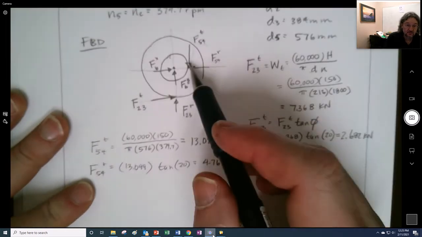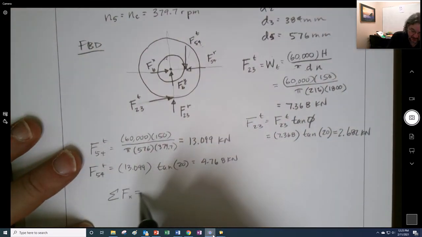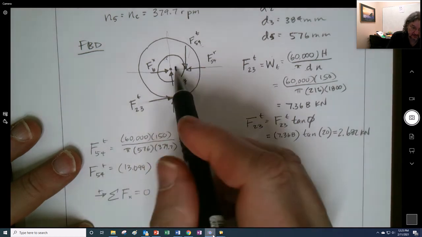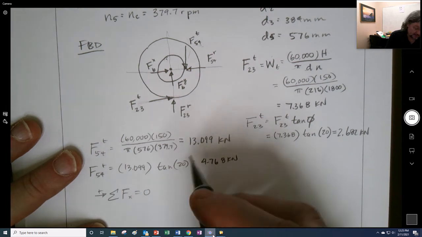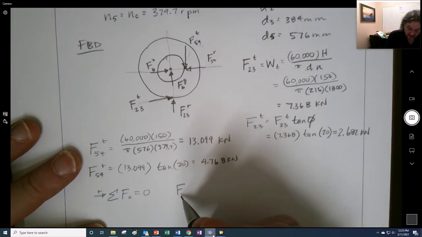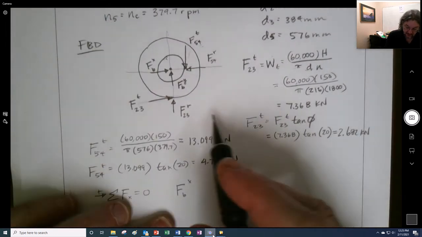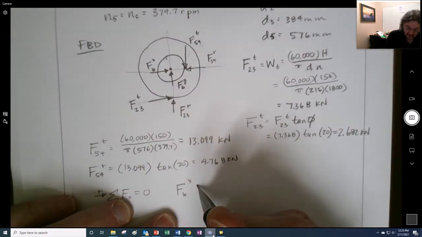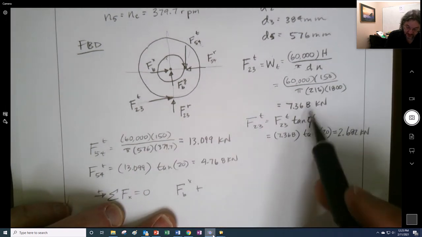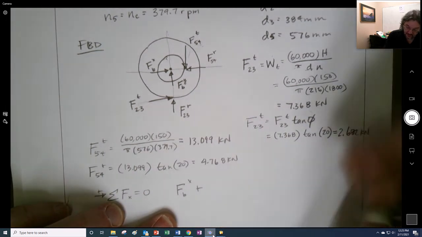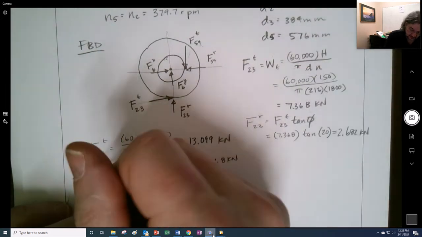So now, to be able to answer the question here, we take the sum of the forces in the x direction equal to 0. As I've written it out here, it's the force FBX plus our force right here, which was supposed to be radial. That's supposed to be a radial.